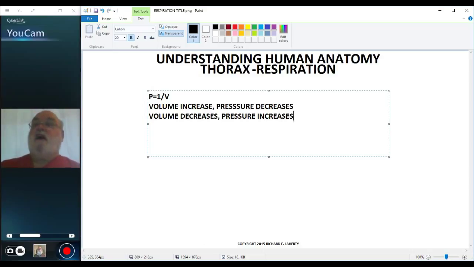So if we change the volume of the thoracic cavity, and by so doing change the volume of the lungs, we'll change the pressure inside the lungs. We will change the intrapulmonary pressure. But since the lung is connected to the outside, if we change the pressure, air will either move in or move out of the lungs to bring the intrapulmonary pressure back to atmospheric.